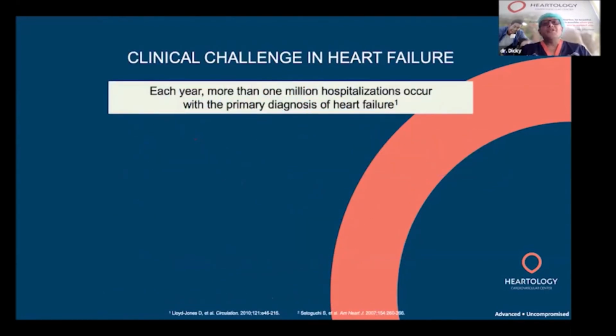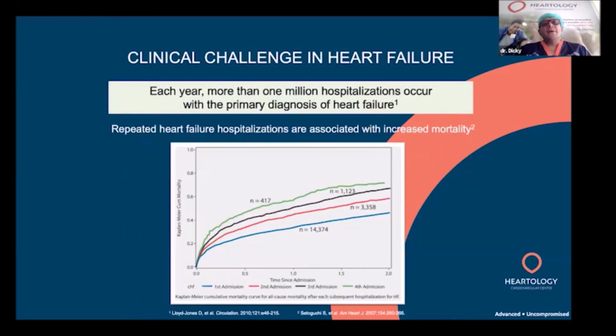And there are clinical challenges in heart failure. The hospitalization increases more and more after the primary diagnosis of heart failure, and repeated heart failure hospitalizations are associated with increased mortality.